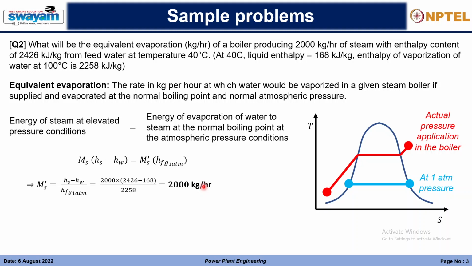When we compare that with the normal conditions at 1 atmospheric pressure, we will find that more water or steam should be produced at the 1 atmospheric condition in order to get an equivalent mass flow rate at higher actual boiler conditions. That is why you will find the rate should be very high, but this is a hypothetical question.